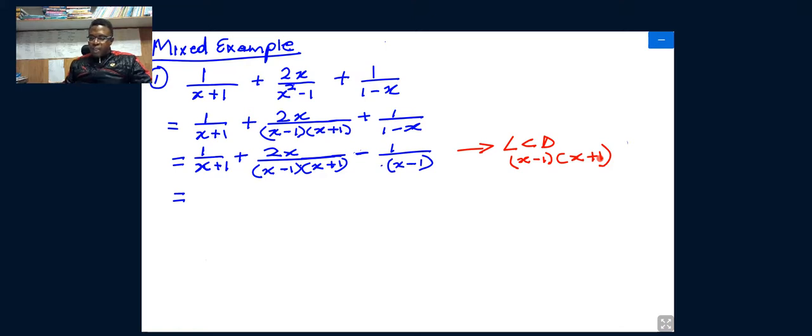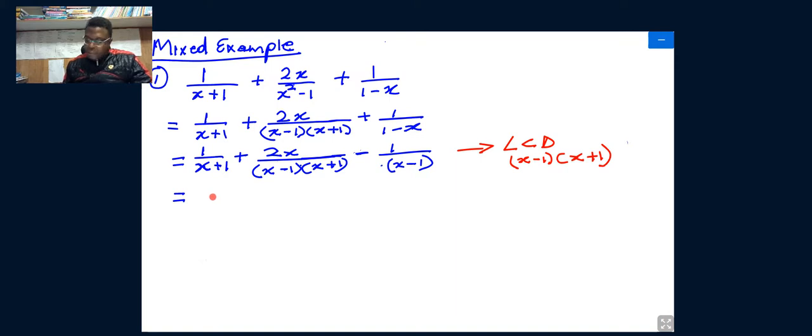What am I going to do with the LCD? I'm going to divide. I'm going to make sure that I divide this expression. So I'm going to simplify here. Essentially, what I'm going to do, I'm going to multiply.